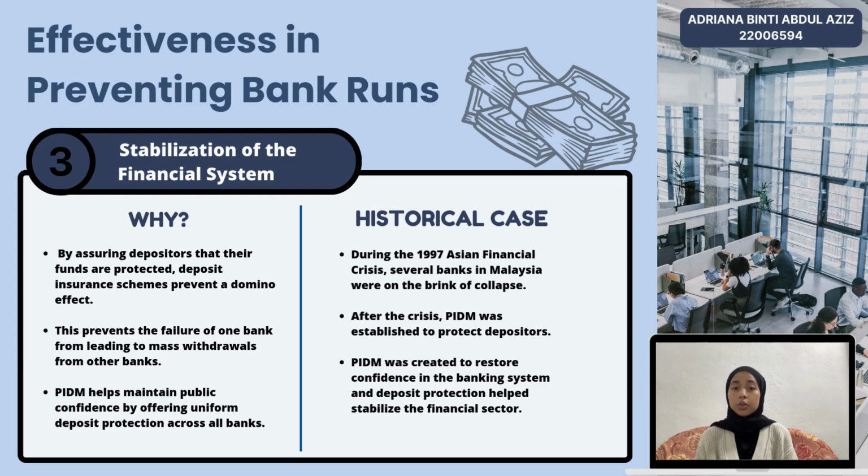For instance, during the 1997 Asian financial crisis, several banks in Malaysia were at risk. However, after the crisis, the establishment of PIDM provided depositors with confidence that their savings were safe up to a certain limit. This protection helps prevent mass withdrawals across the system and avoid further financial instability.